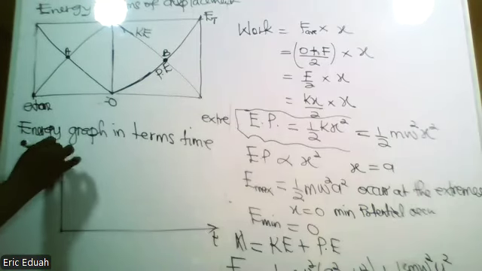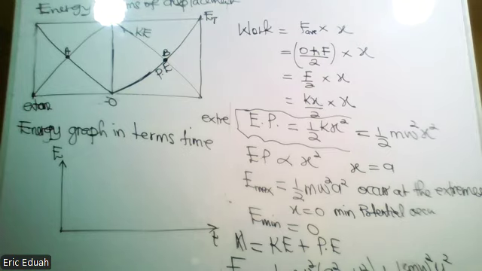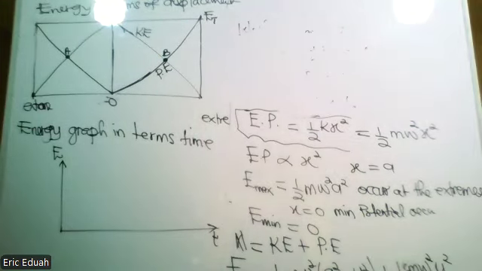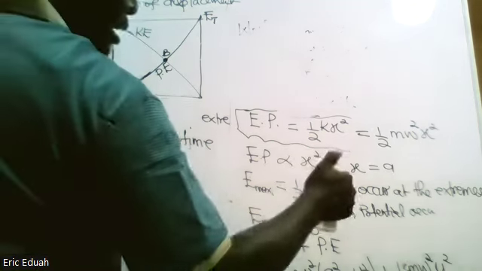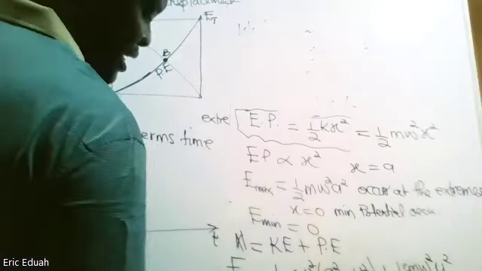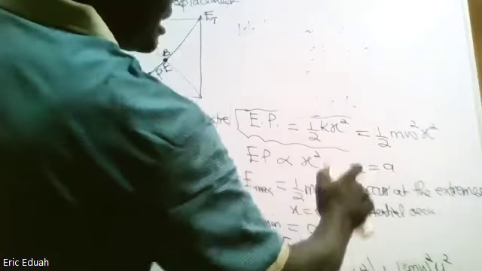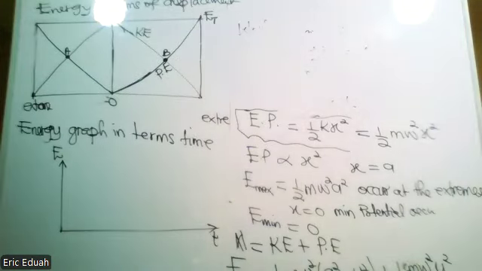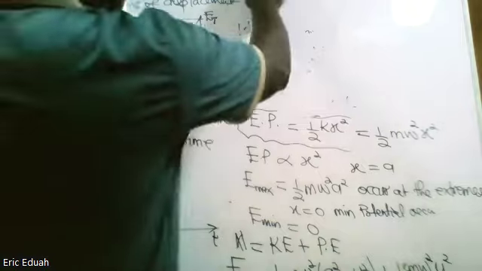So the energy possessed is actually KE and PE. The combination of KE and PE gives us the mechanical energy, the body's mechanical energy.